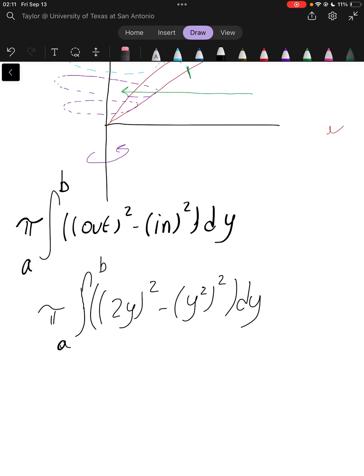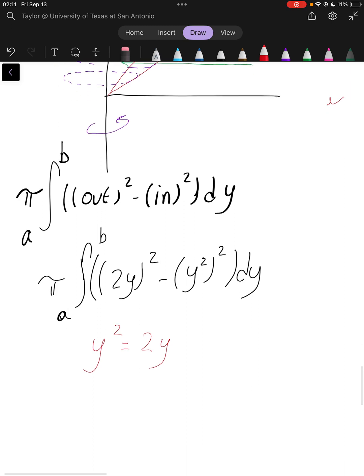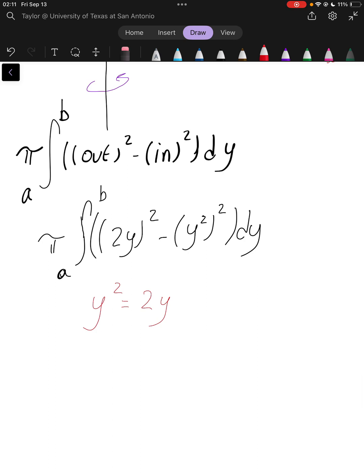Alright, and the next thing we need to do is find our bounds. So I'm going to set y squared equal to 2y, and we're going to look for our points of intersection here. I'm going to change this to y squared minus 2y equals 0.